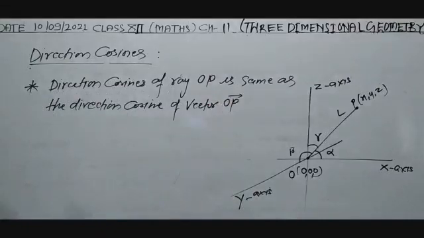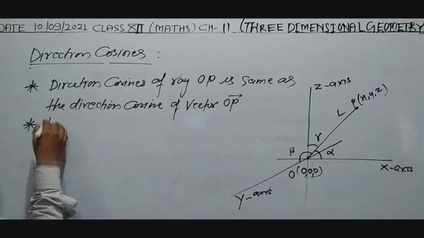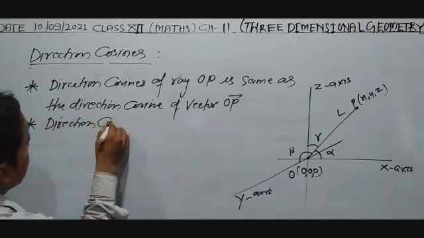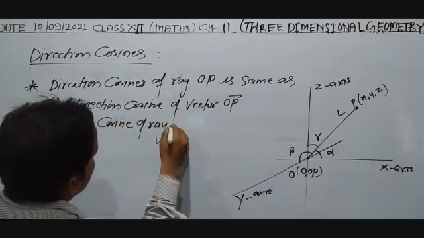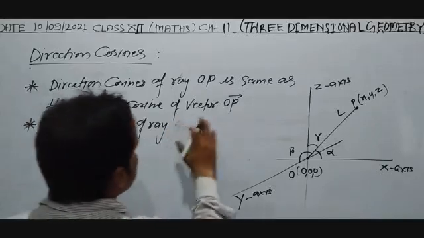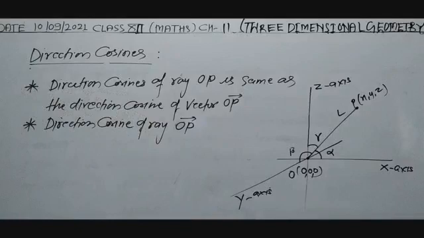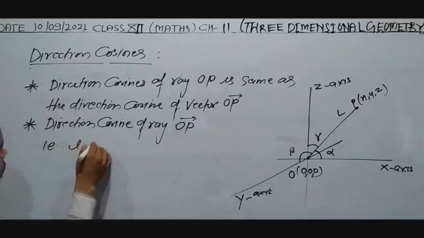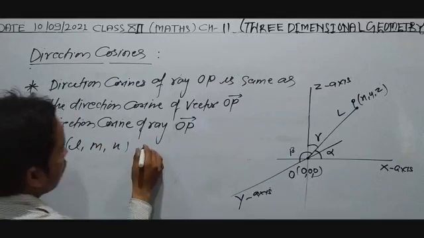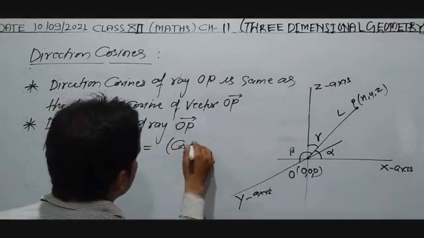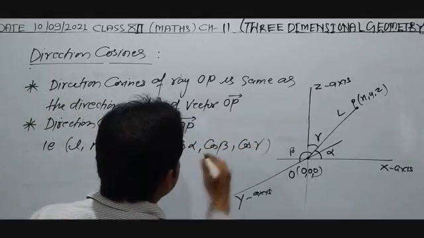Now second point, we can consider the direction cosine of ray AB, or suppose ray OP, is the same, that is l, m, n, and that is equal to cos alpha, cos beta and cos gamma.